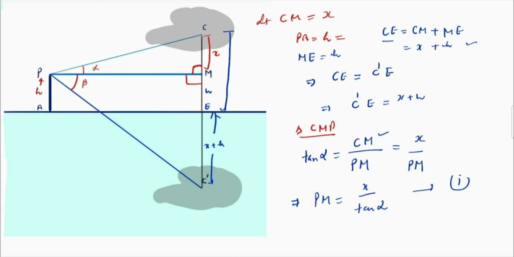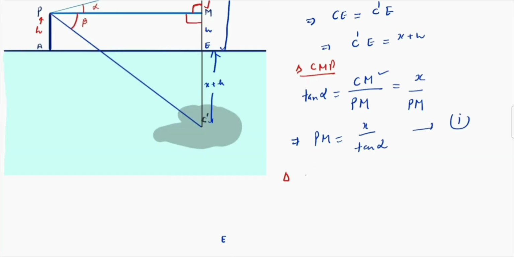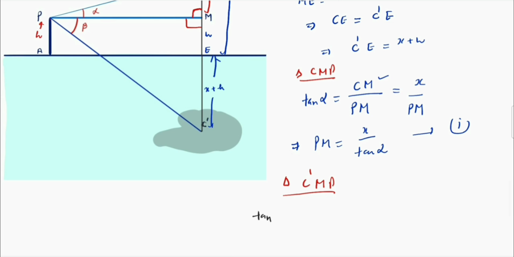Now I'll take this triangle C prime MP. This is also a right angle triangle, and in this triangle my acute angle is beta. So tangent beta is equal to perpendicular upon base. Here the perpendicular is equal to C prime M and the base is equal to PM. C prime M is equal to ME plus EC prime, divided by PM.